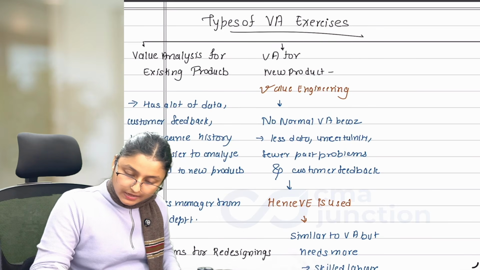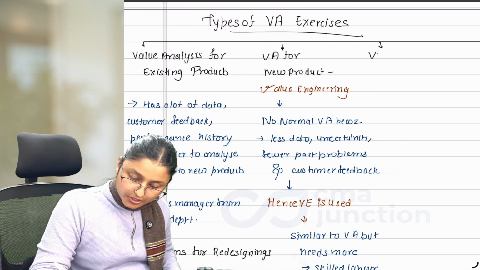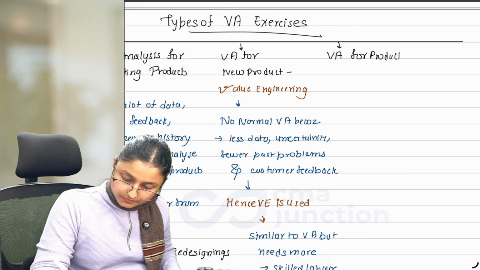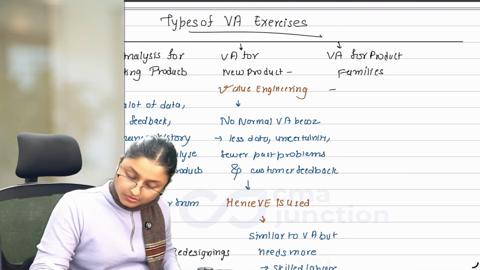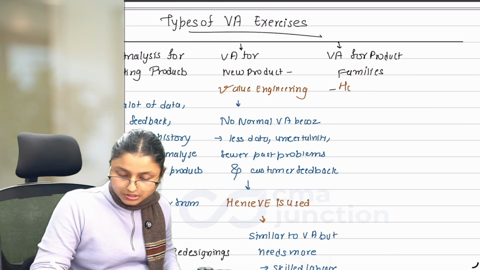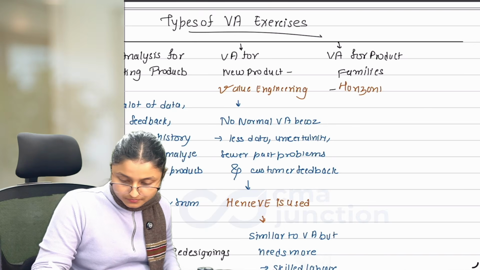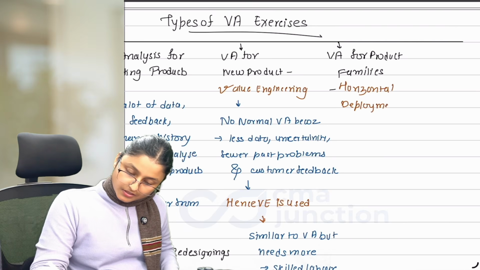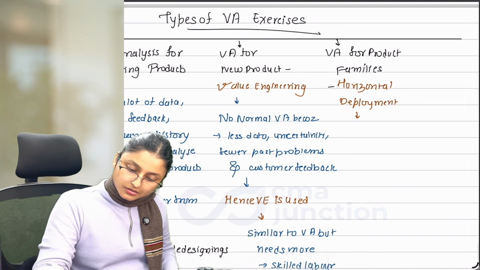Next, value analysis for product families. This is also known as horizontal deployment. Now what happens here?